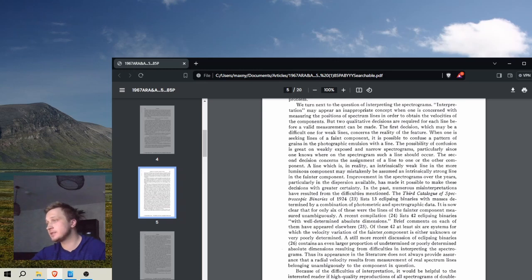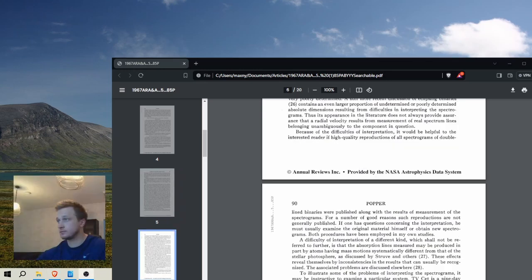A still more recent discussion of eclipsing binaries contains an even larger proportion of undetermined or poorly determined absolute dimensions, resulting from difficulties in interpreting the spectrograms. Thus, its appearance in the literature does not always provide assurance that a radial velocity results from measuring real spectrum lines belonging unambiguously to the component in question.